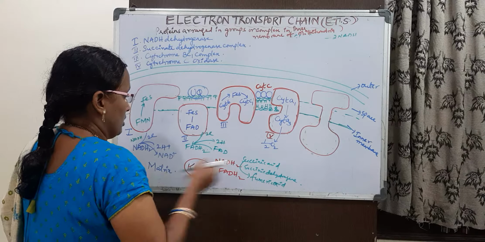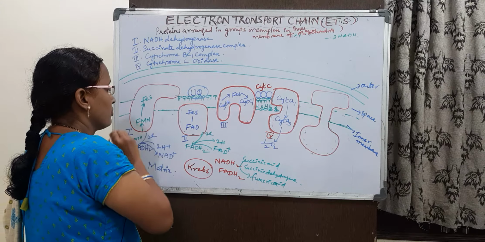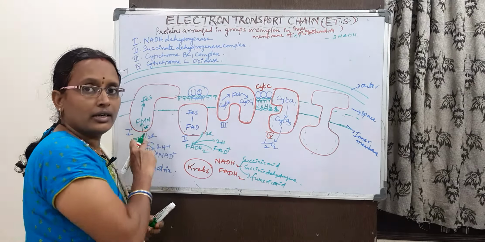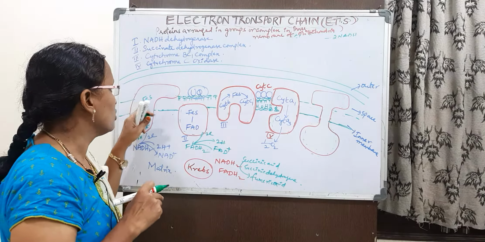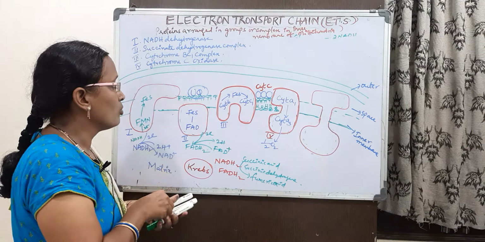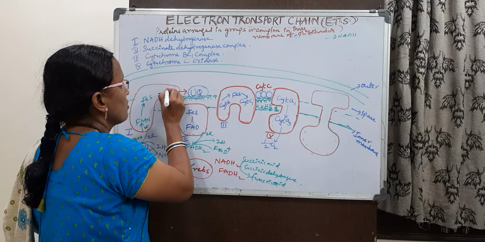From the NADH2 electrons, the first electron acceptor in the first complex is FMN. It is accepted by FMN, which then passes them to the FeS protein. From the FeS protein the electrons are moved to ubiquinone.